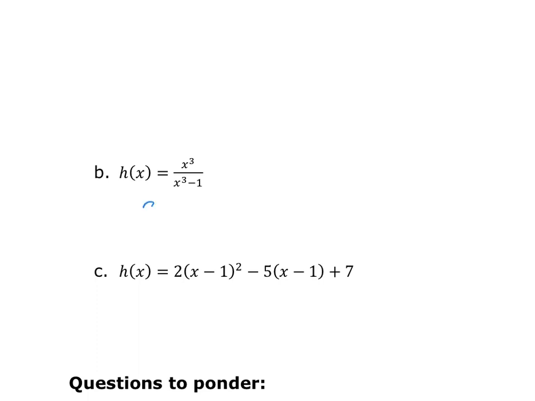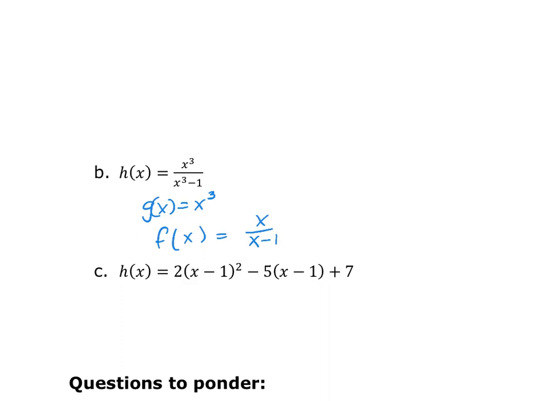The first thing I would have done is cube my numbers, so that's going to be my inner function. My outer function is going to be: I would have taken that cubed function, subtracted 1, and then divided it into that cubed number. So my outer function is going to be the last things that I do. My inner function is the first things that I do.